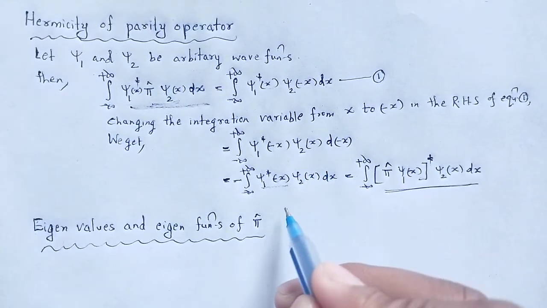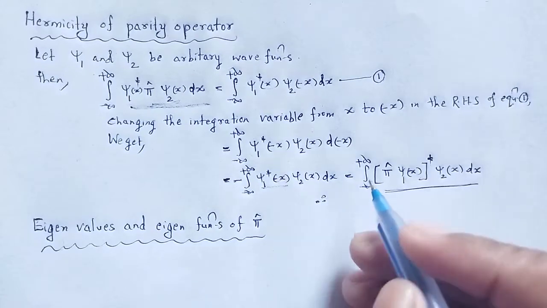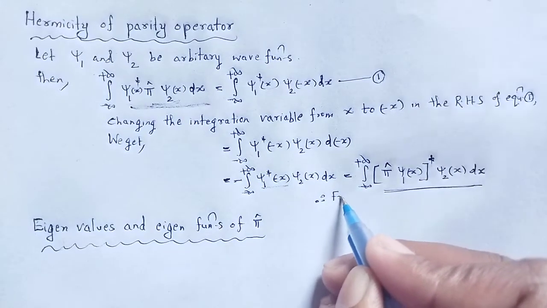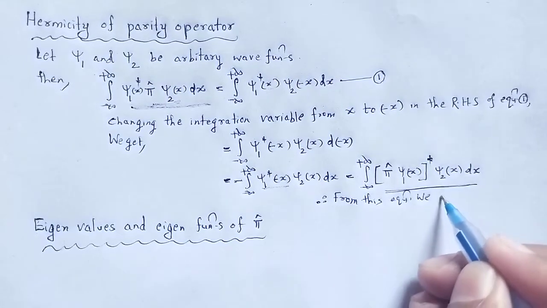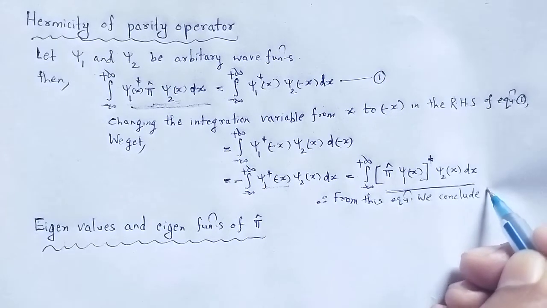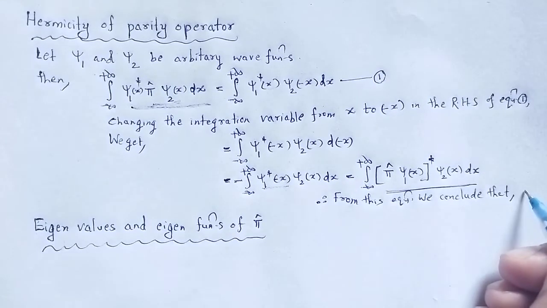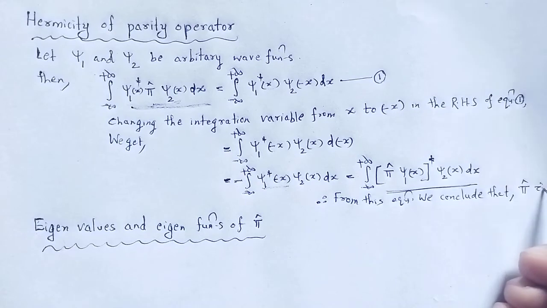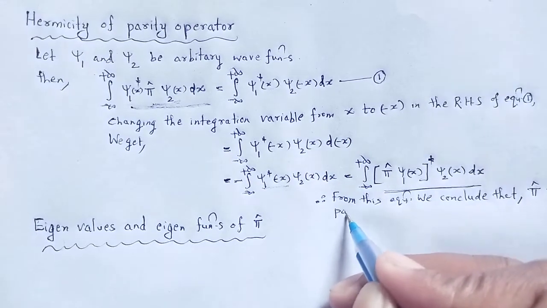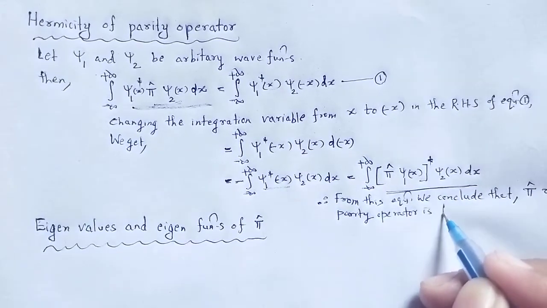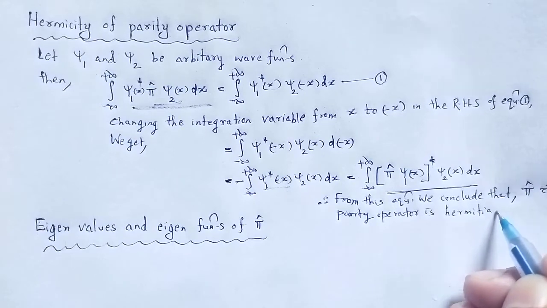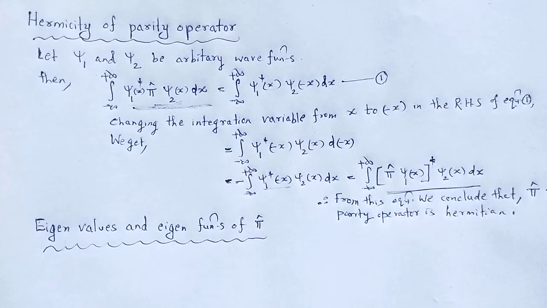Therefore, from this equation we conclude that pi cap, that is the parity operator, is Hermitian. We know the eigenvalues of a Hermitian operator are real.